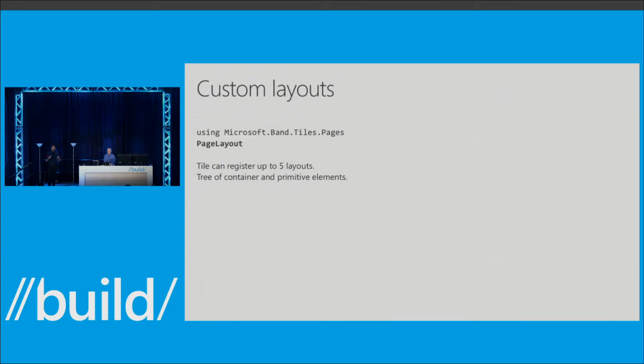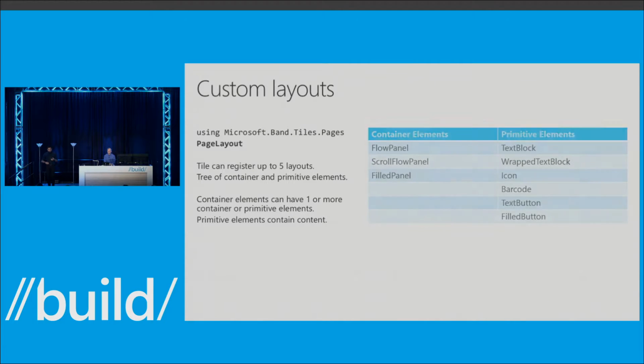It's an object model where you have container elements. Within those container elements, you can have other container elements, or you could have content primitive elements that contain content. At the end of all of this, the container elements do not show up on the UI. The content elements show up. The table right here shows you the container elements and the primitive elements.